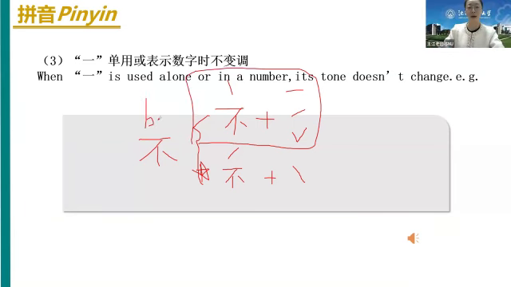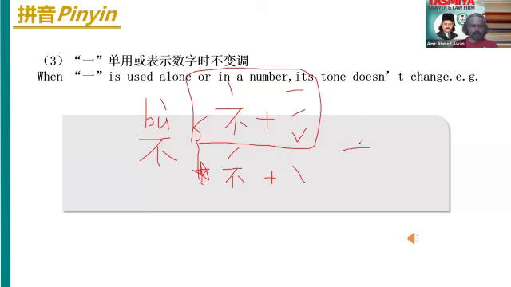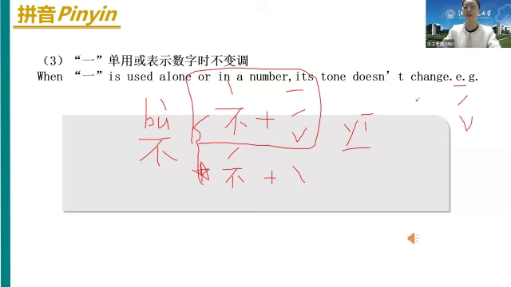Are you clear? Do you understand? Yes, ma'am. Let's review. When it is put before the first tone, the second tone, and the third tone, which tone shall we read it?